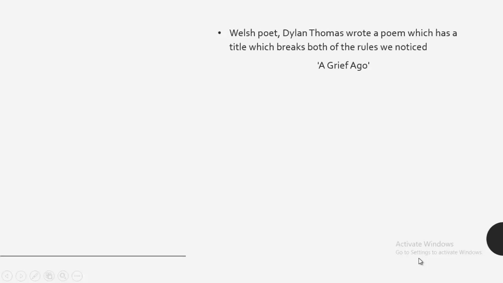But if we have a look at the actual word, this phrase has been taken from the poem of a Welsh poet, a poet belonging to Wales. His name is Dylan Thomas, and this is actually the title of the poem he has written. The title of the poem is A Grief Ago. You can see that this word grief breaks both the rules we have noticed.